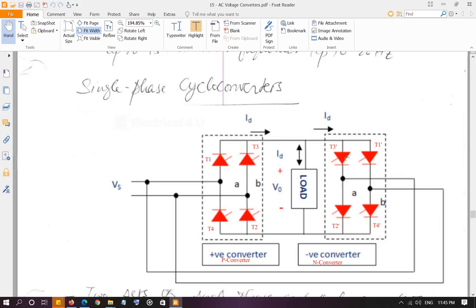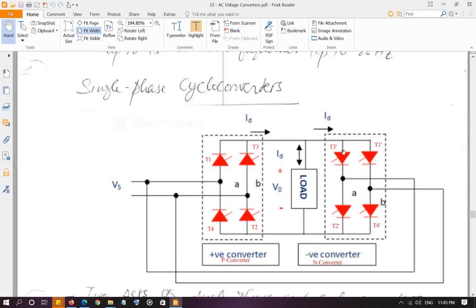Okay, now we go ahead and fire T3 dash and T4 dash when the negative input cycle comes for the second cycle. So we take the bottom one, go from here, go to B, go through T4 dash, go through the load, again going from bottom to top. That is, the voltage is on the negative side with respect to the polarity that is shown.